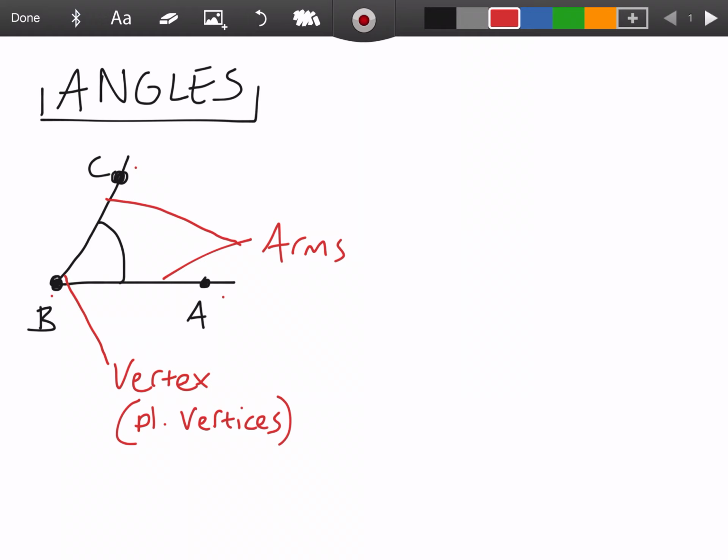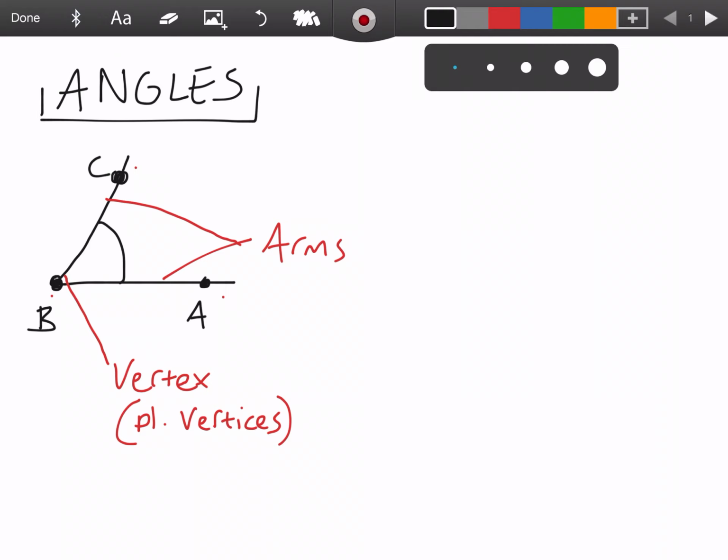So we know that we measure an angle, and generally we talk about the idea of rotation. When we spin something around, it's rotating. If we spin it through a specific angle, let's say that this might be an angle of 60 degrees, for example.